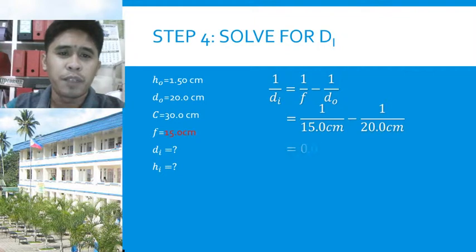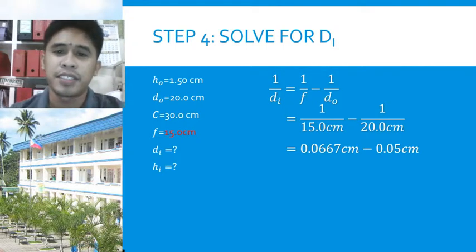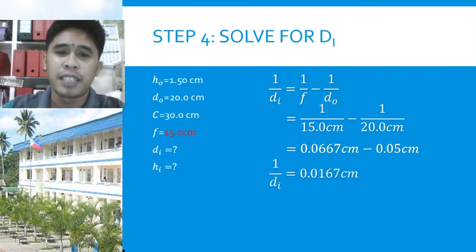Therefore, 1 over 15.0 centimeters equals 0.0667 per centimeter, and 1 over 20.0 centimeters equals 0.05 per centimeter. We subtract 0.05 from 0.0667 to get 0.0167 per centimeter.